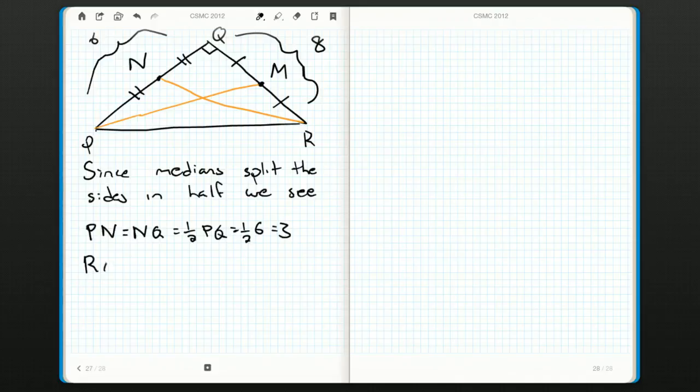And likewise, RM is going to be MQ. It's going to be 1/2 of RQ, 1/2 of 8, so that's 4.